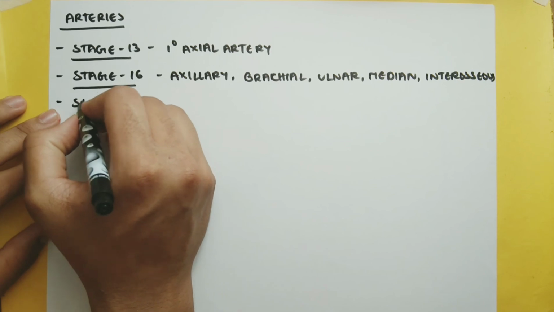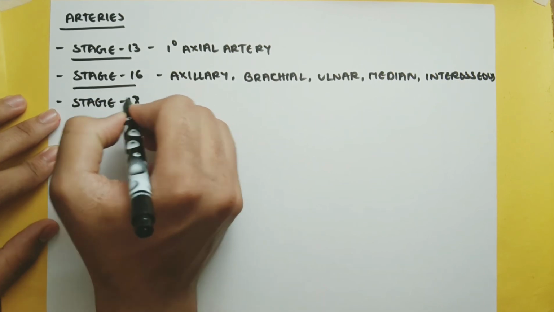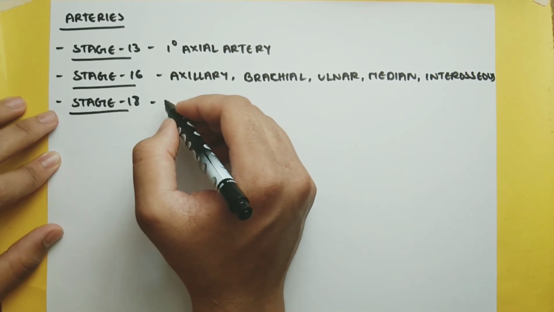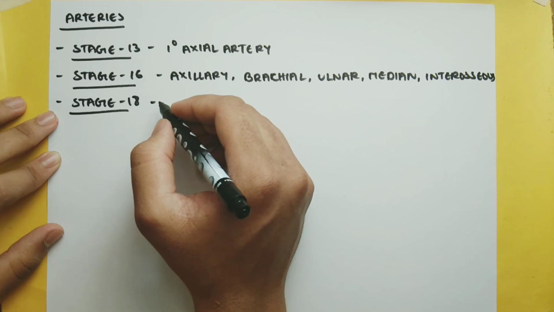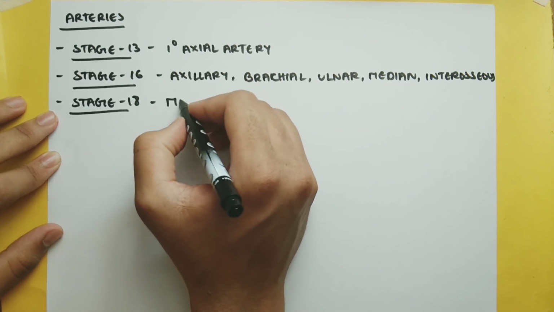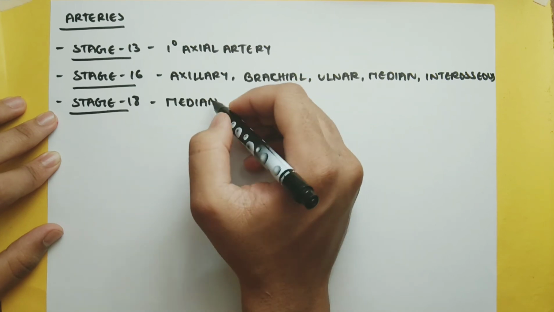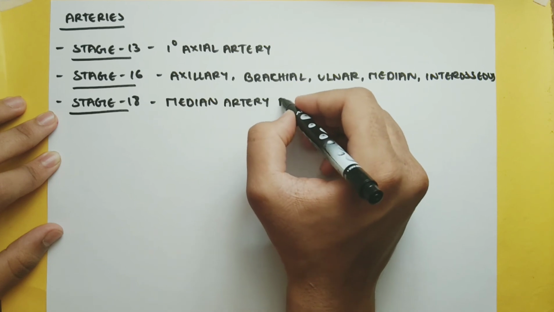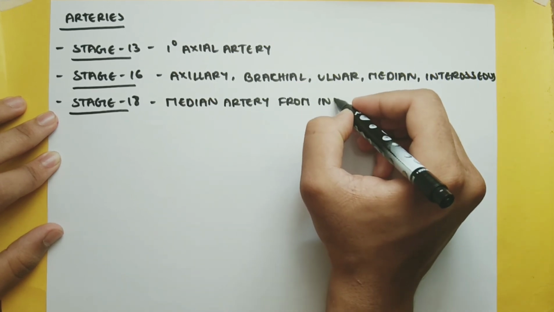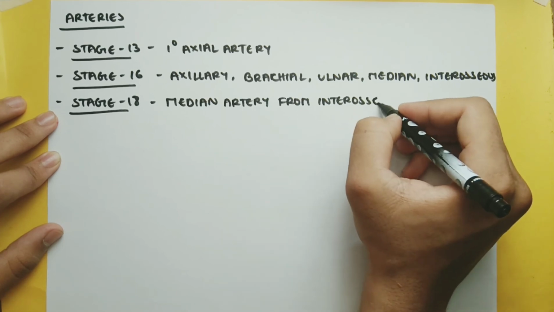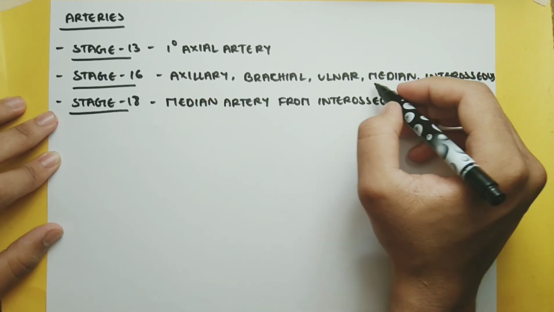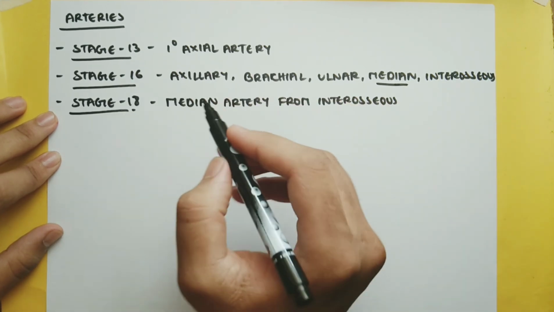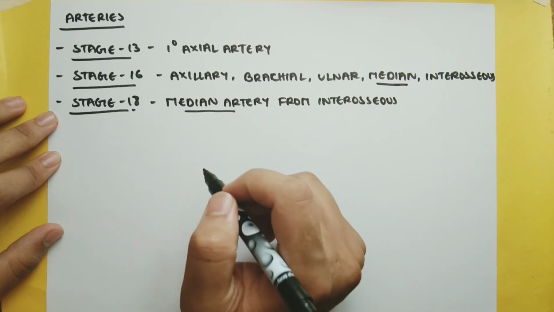And now comes to the stage 18. In the stage 18, the new artery arises, the median artery from interosseous. Here the starting of the median artery takes place, and in the stage 18 the complete formation of the median artery takes place.